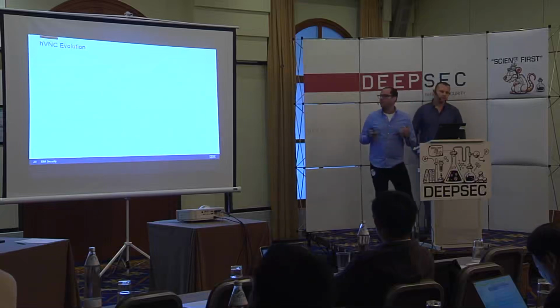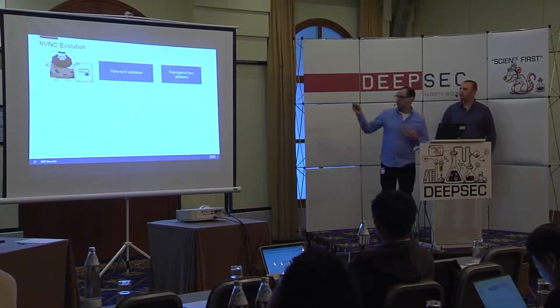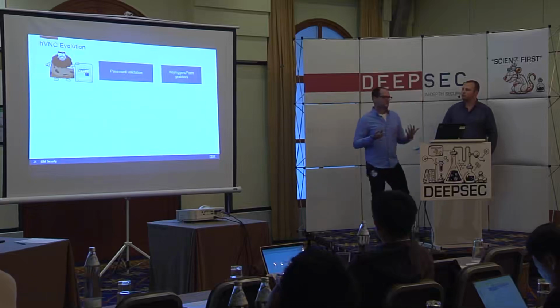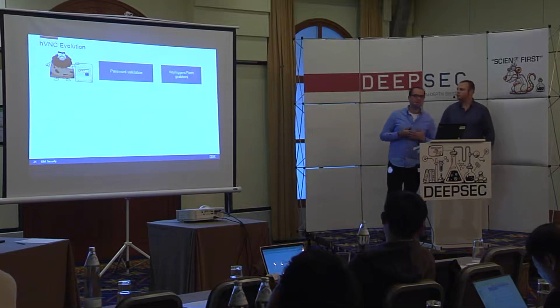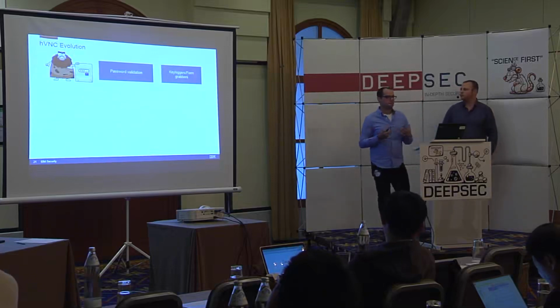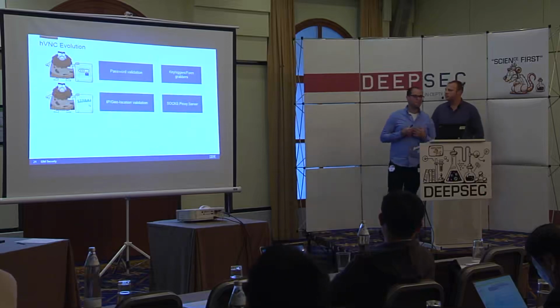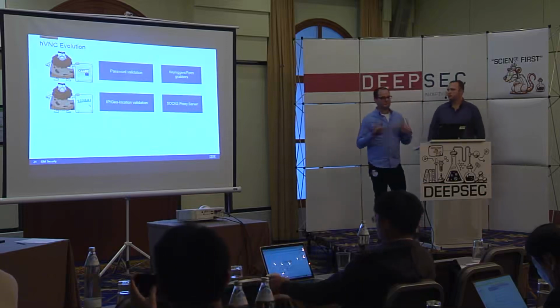Let's talk a bit about the evolution of hVNC. In the beginning, when you entered a secured website, you had password validation. To combat this, malware started using keyloggers and form grabbers to steal the password from the users. Then websites got a bit smarter and started using IP and geolocation validation. To bypass this, malware started using a SOCKS proxy server.